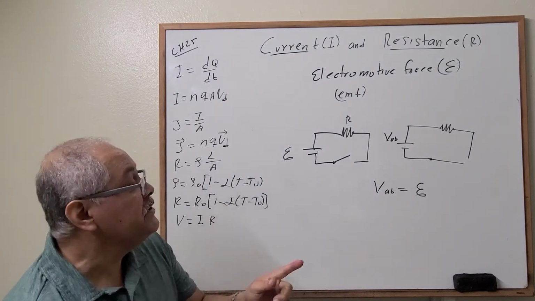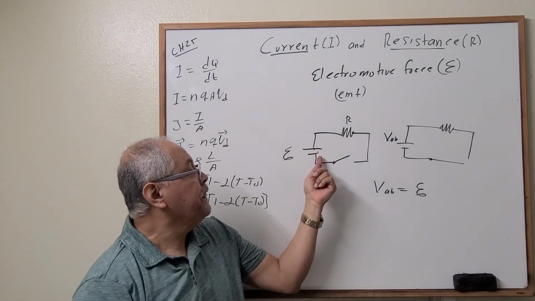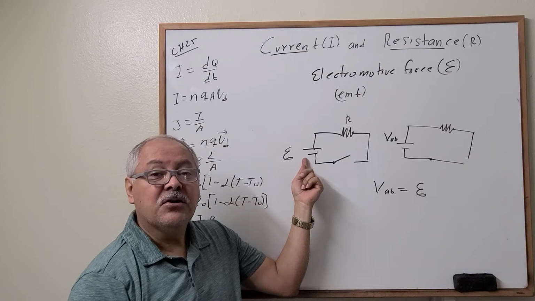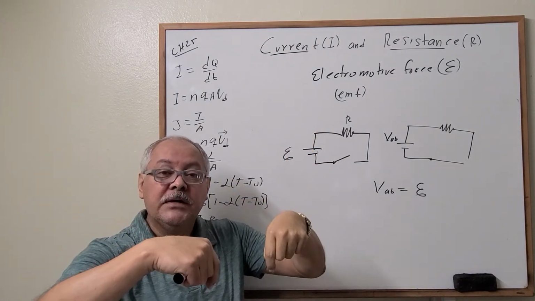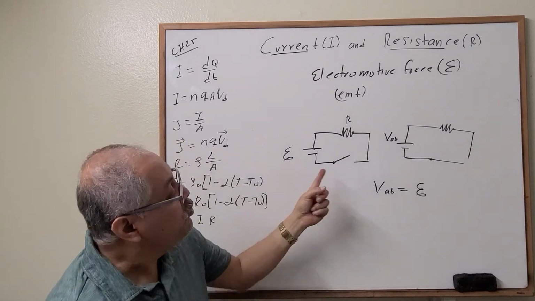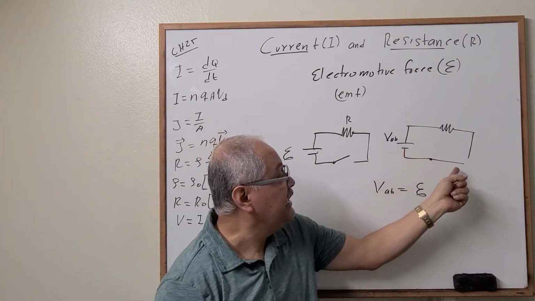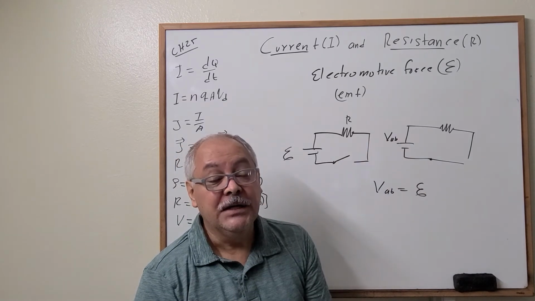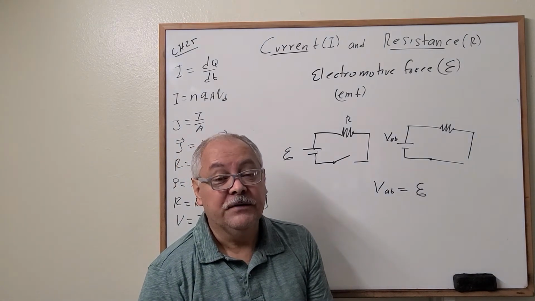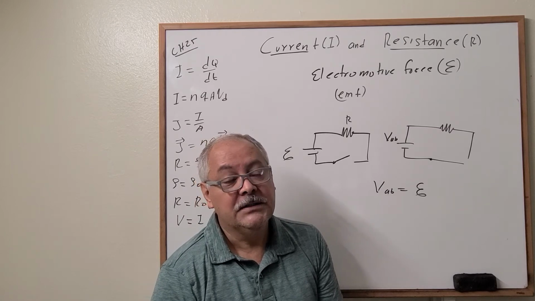When we connect the battery to the circuit and measure the voltage using a voltmeter, that's the potential difference of the battery. It's going to be a little bit different.